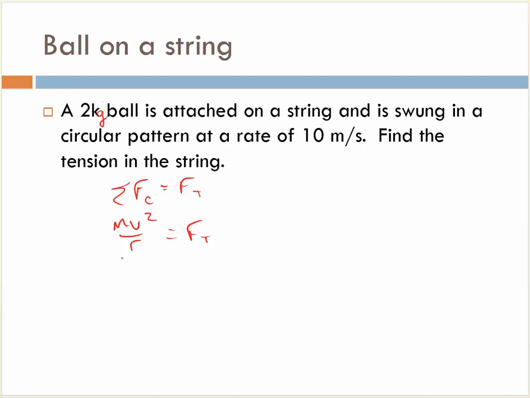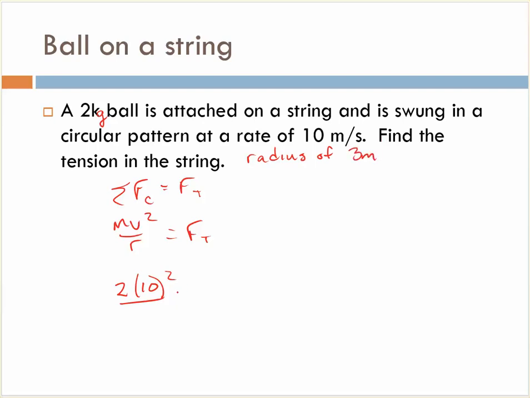Let's put a little g up there. 2 times 10 squared. Well, you know what we're missing here is the radius, so we're going to say with a radius of 3 meters.